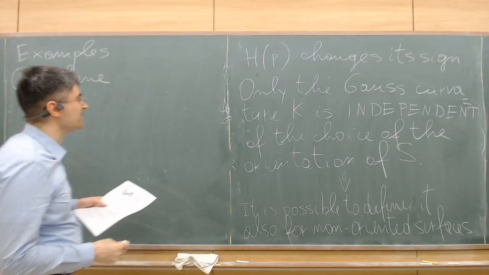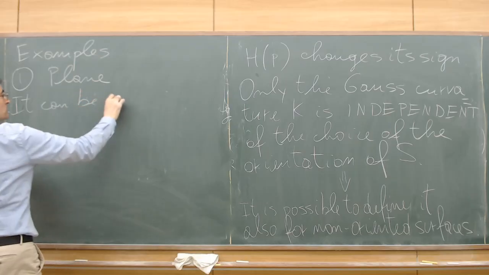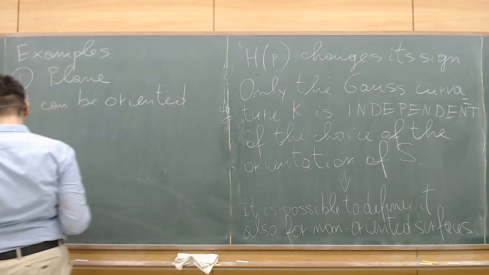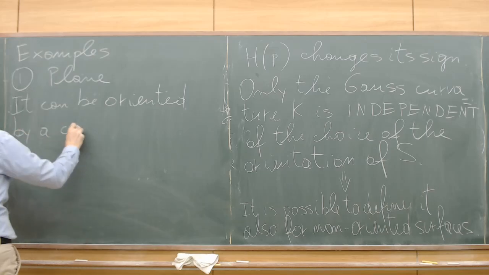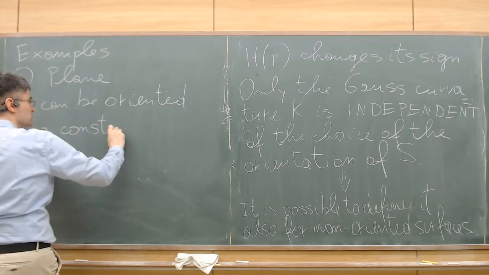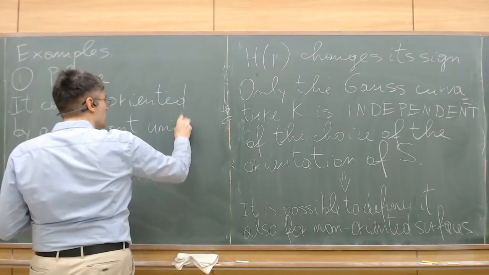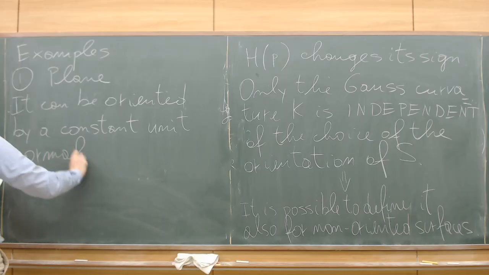So it is clear that a plane can be oriented choosing a constant unit normal field n.